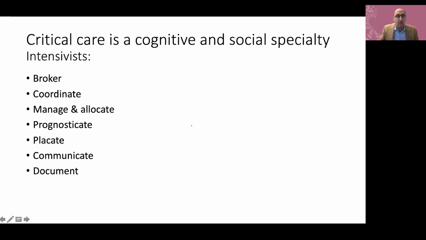Intensivists need to broker deals between different specialists. They need to coordinate care in a very complex way. They need to manage and allocate scarce resources. They need to be good at prognostication and the communication of what that prognostication means for the care plan. At times they need to placate, and they definitely need to document the processes of care in a meaningful way.